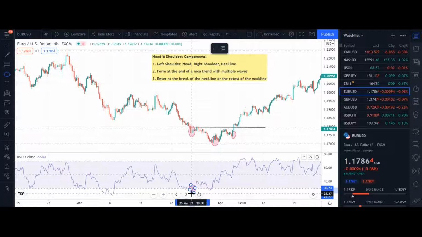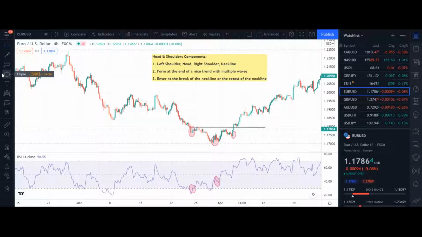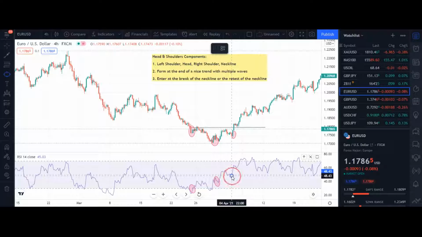It's making higher highs. That's all this pattern is. It's a momentum pattern. If you keep that in mind, then you'll be solid. Head and shoulders is just a signal that the momentum is fading for whatever the current trend is, and it's beginning to pick up for the opposite trend.